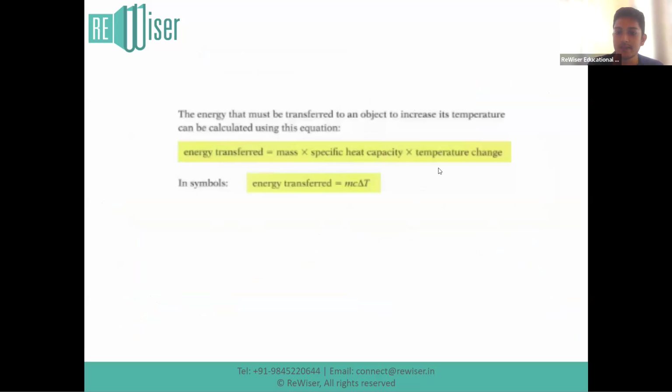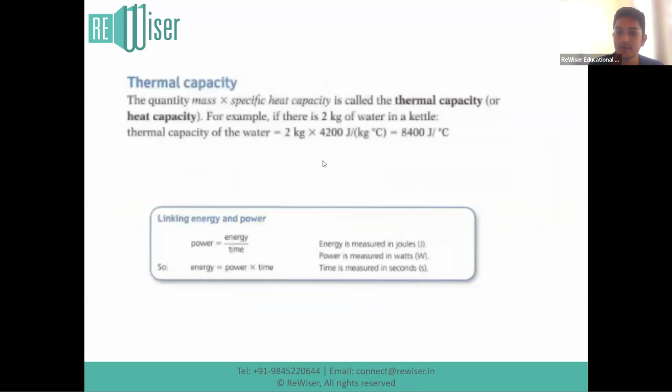Please notice the formula is Q is equal to mc delta T. So here, for example, you have the concept of just thermal capacity or heat capacity. There is a difference between specific heat capacity and just heat capacity. Students need to really nail the difference. Let's look at it first.